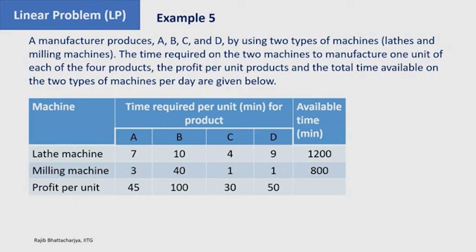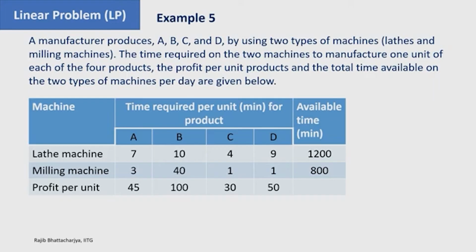One is a lathe and another one is a milling machine. The time required on the two machines to manufacture one unit of each of the 4 products, the profit per unit of the products, and the total times available on the two types of machine per day are given below.